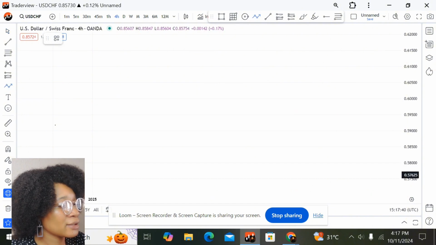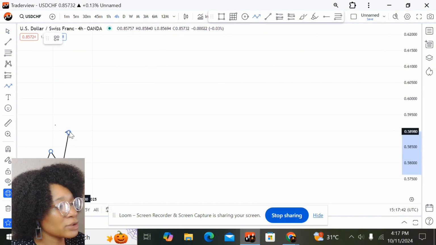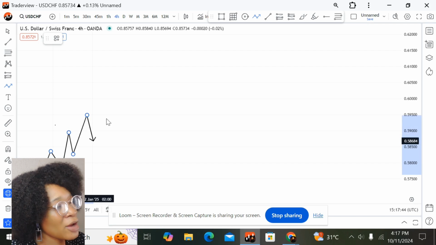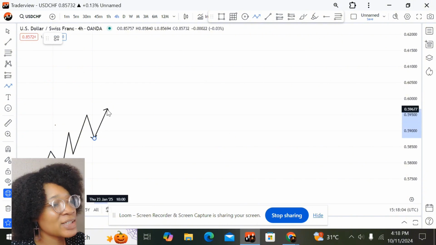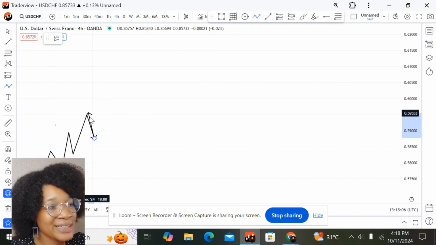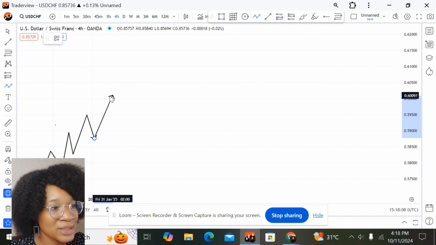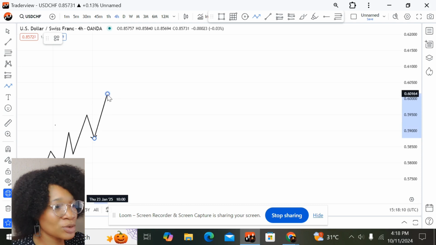When we get to this point, price does something like this, and it just takes out this swing high, this higher high, just a bit. Obvious, but not so large.